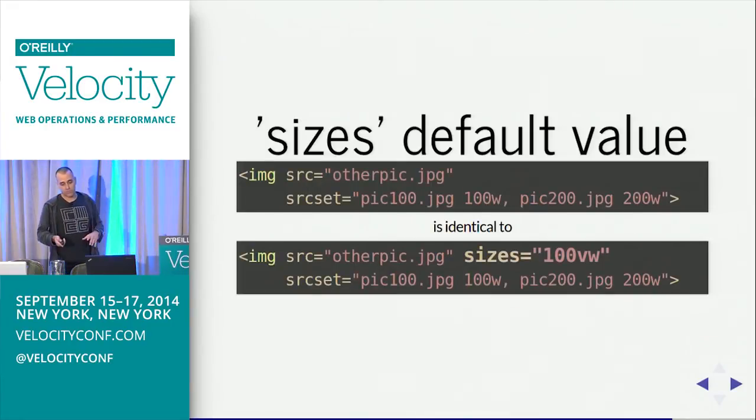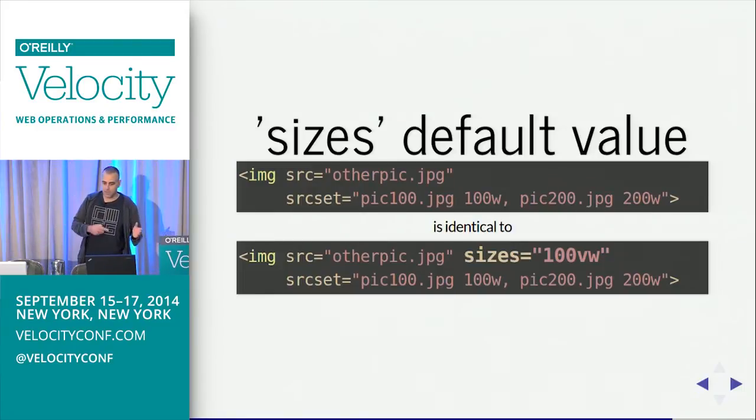Another thing to note is that the default value of sizes is 100vw, so 100% of the viewport. That means that by default, if you omit sizes, the resource that the browser will pick will be the largest resource that fits the viewport.